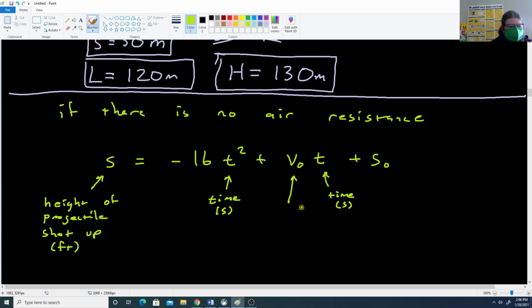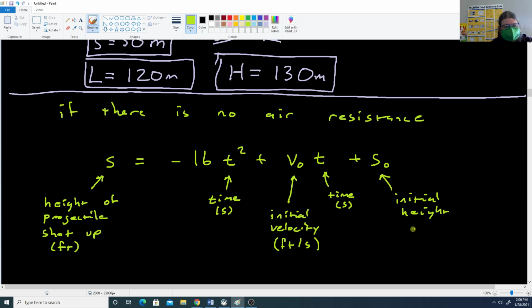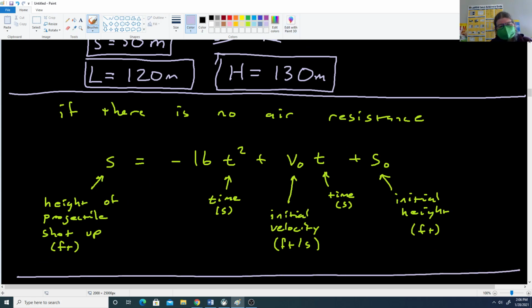V naught will be initial velocity, which will be in feet per second, since distance units are feet. And S naught will be initial height, and that will just be in feet. So we have this equation here, and we're going to use it to solve our next example.